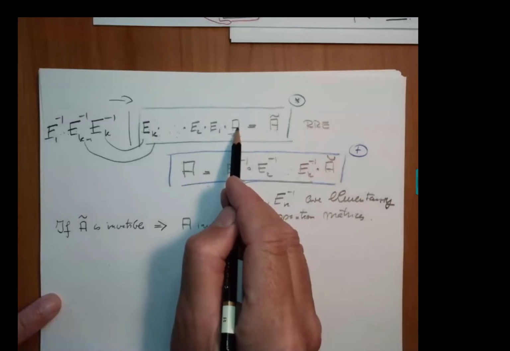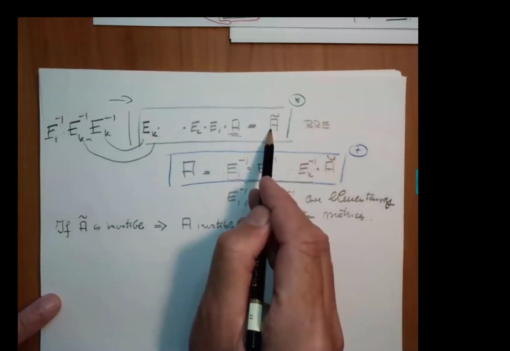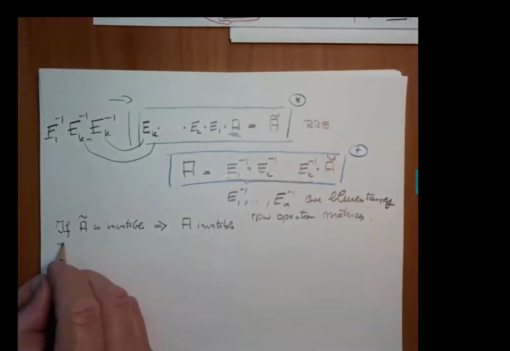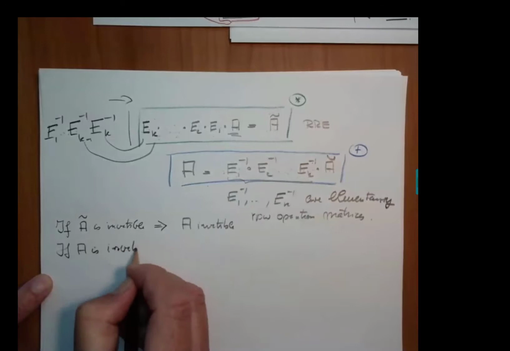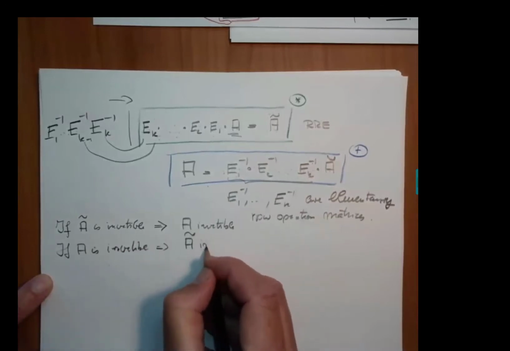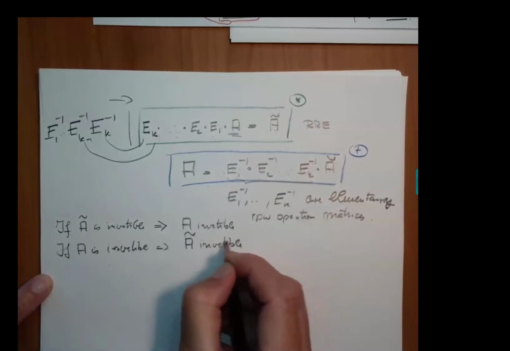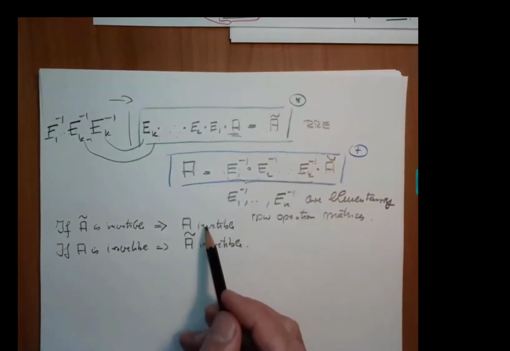If A is invertible and these are invertible, then A tilde is invertible.